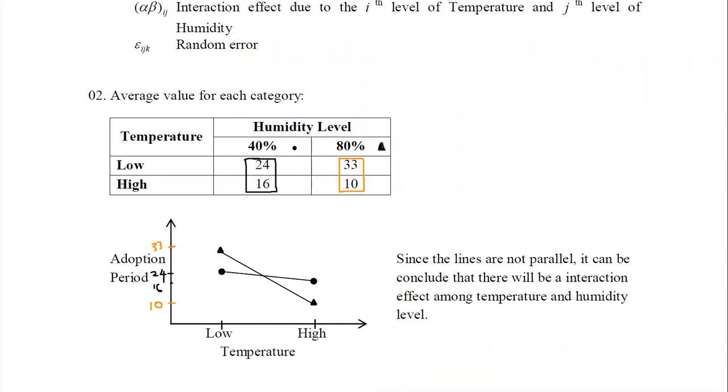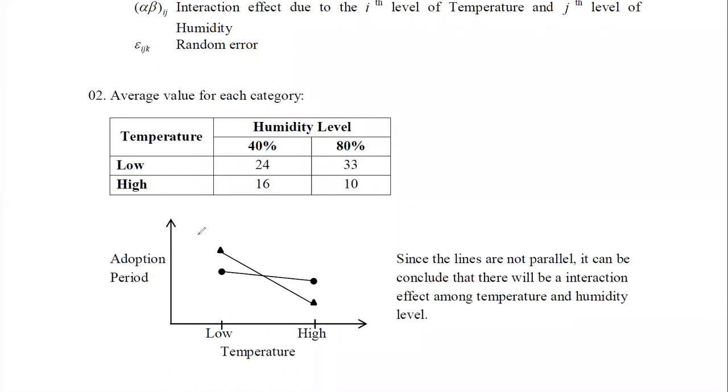Now you can see that the lines are not parallel to each other. It means that we can conclude that there is an interaction among these two factors, temperature and humidity.